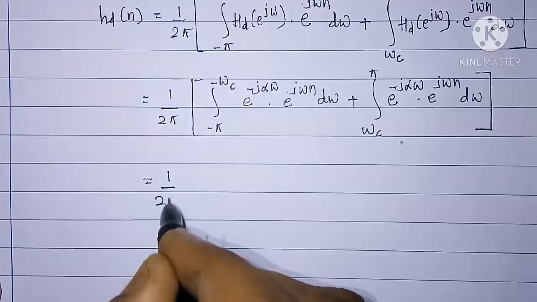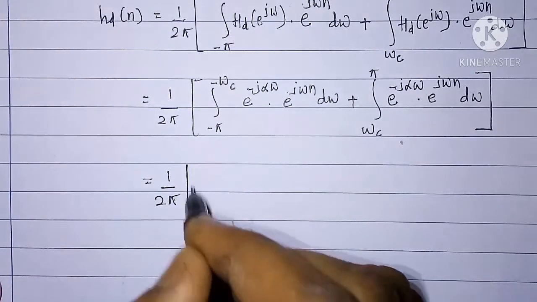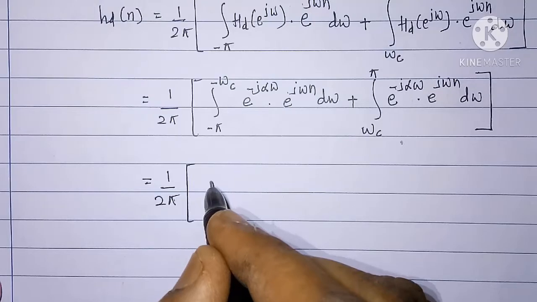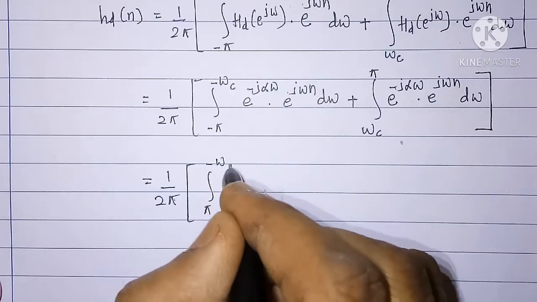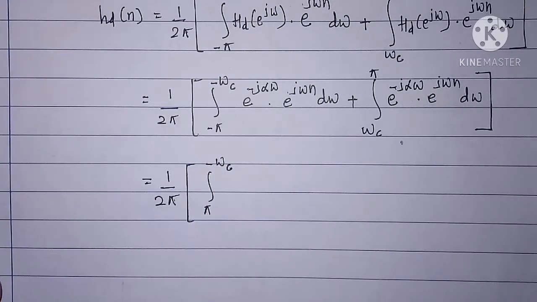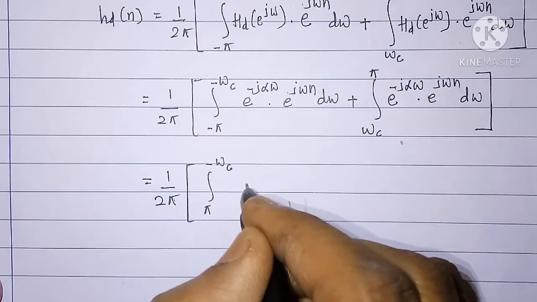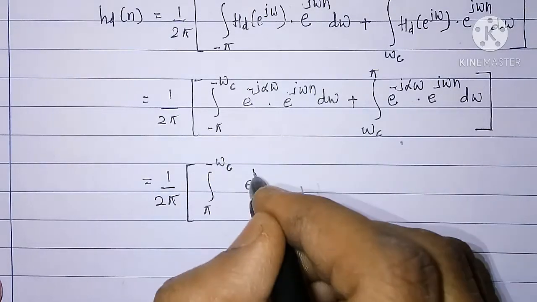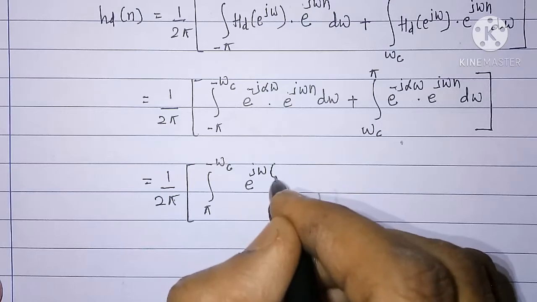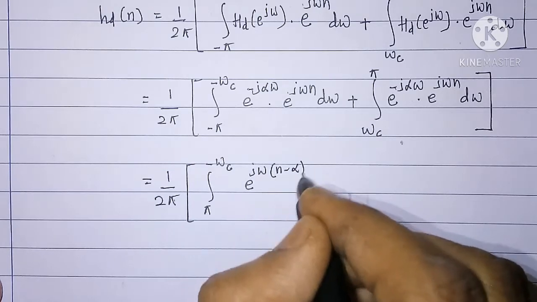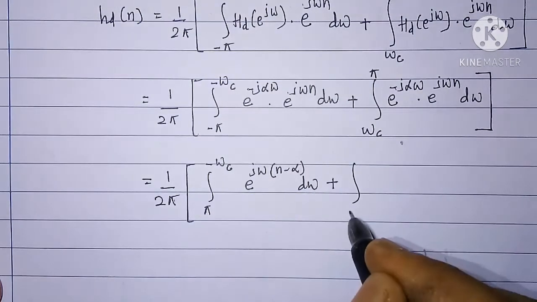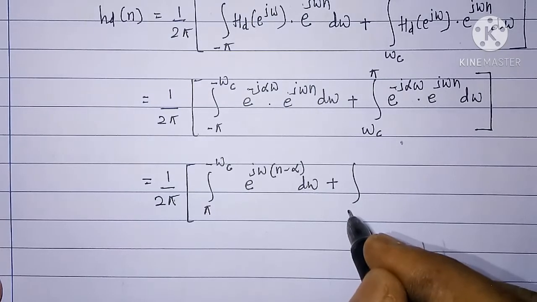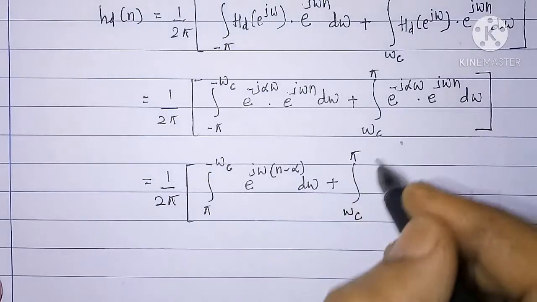That is equal to 1 by 2 pi integration between the limits minus pi to minus omega c of e raised to j omega into the bracket n minus alpha d omega plus integration with limits omega c to pi.